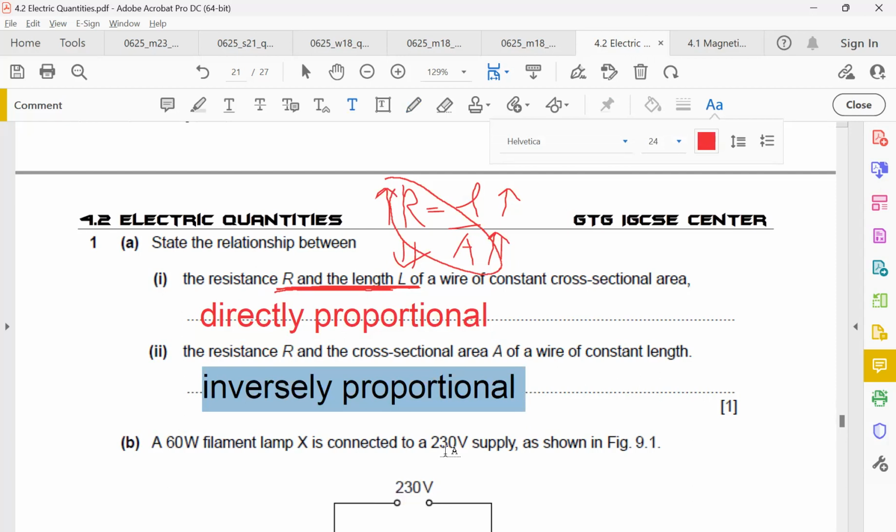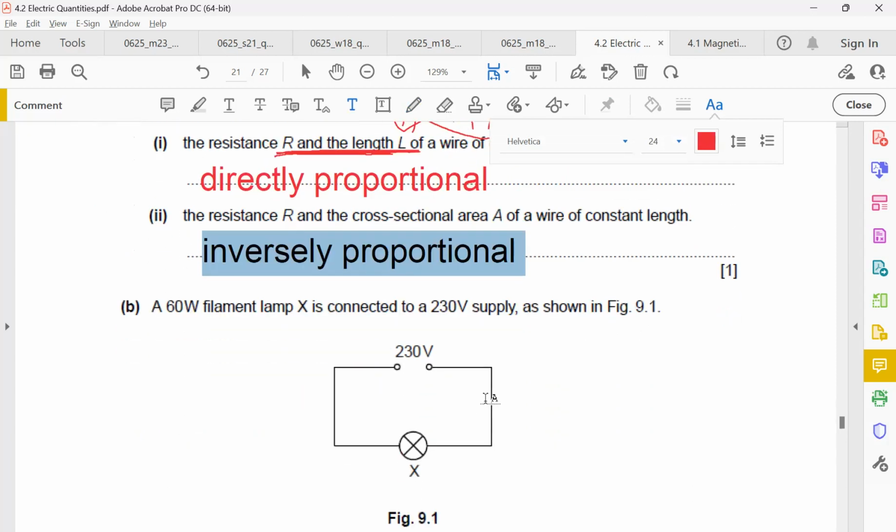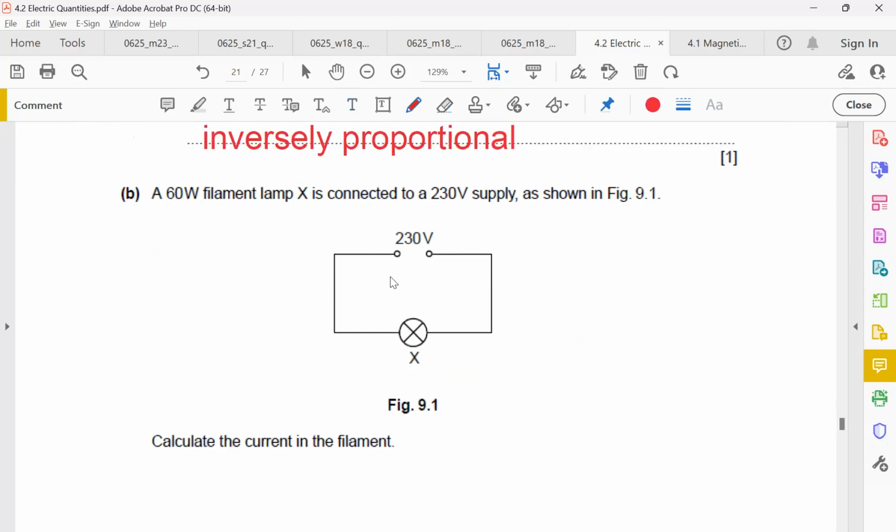Okay, everyone. Then after that, they ask you to calculate the current in the filament. You're given this and this already. What formula should we use? Wait, what information are we given here?